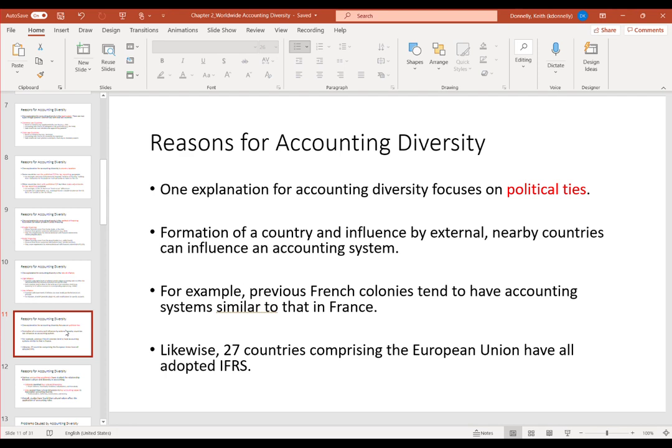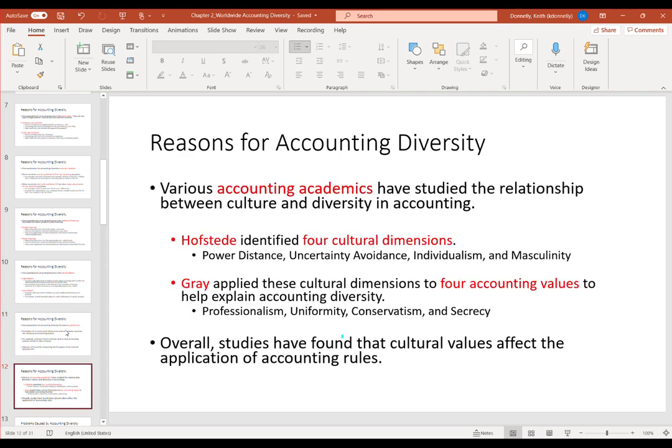If you were once ruled by France, it might make sense that you carry over those concepts and traditions of accounting. Likewise, if you're in the EU, all 27 countries there have adopted IFRS. So, what your government says, or how you're connected politically, or the historical context, that can all come into play for how you prepare your financial statements.